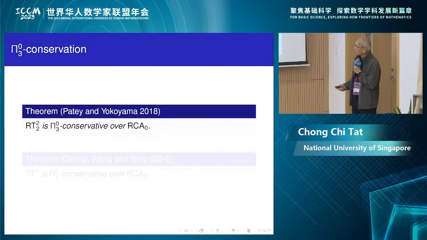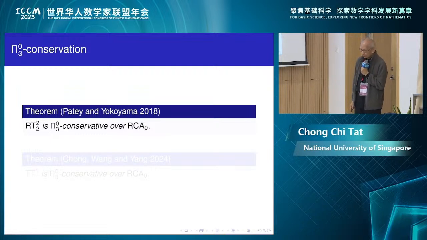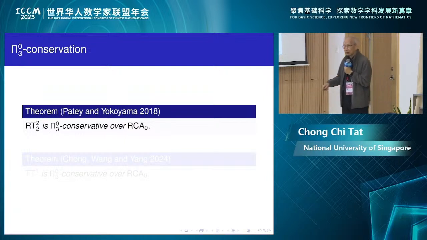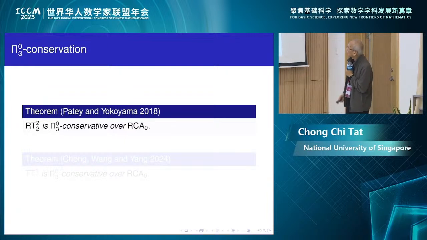That means that RT22 does not prove new theorems which can be stated in Pi03 form. So as far as Pi03 statements are concerned, RT22 really is no stronger than the base system RCA0. Right?